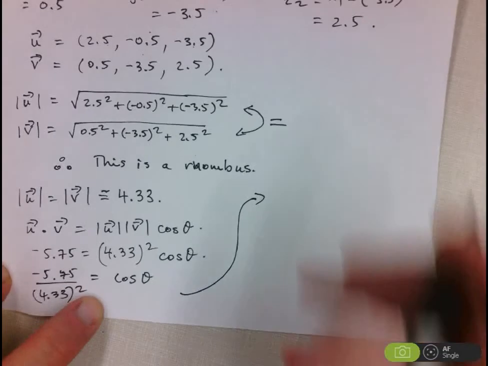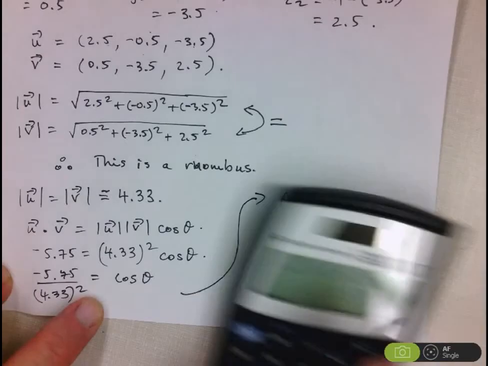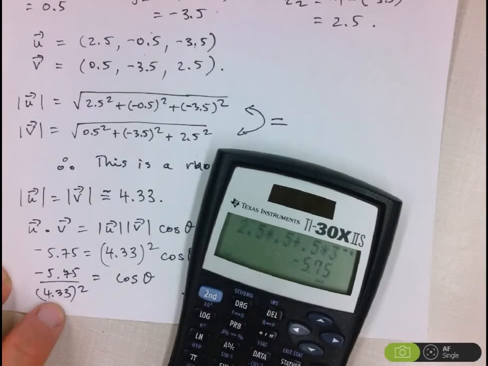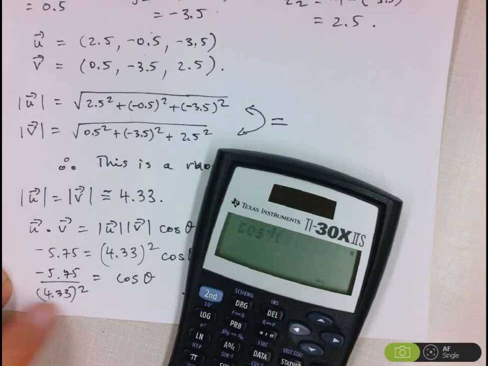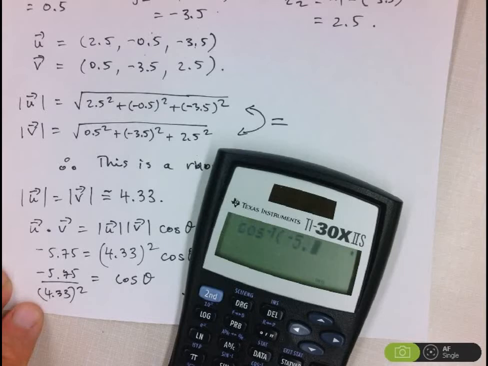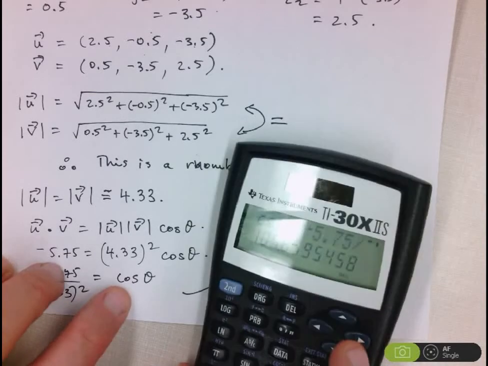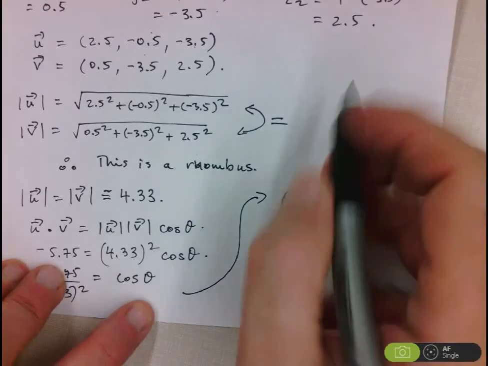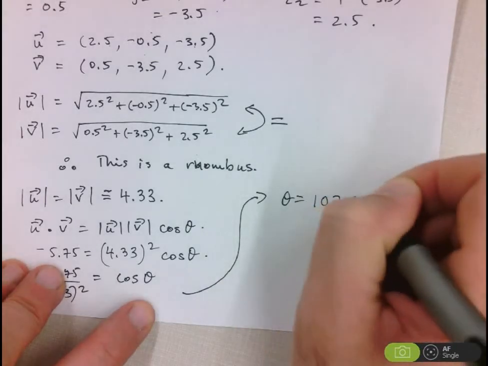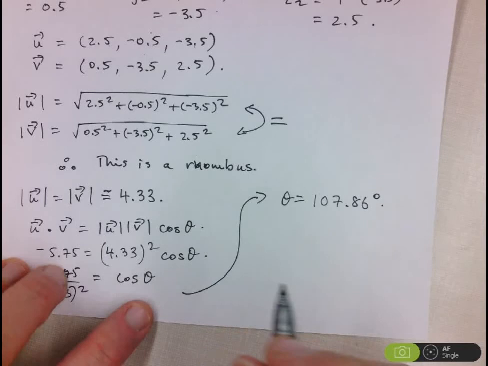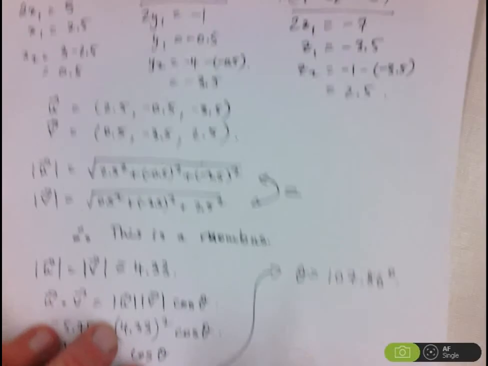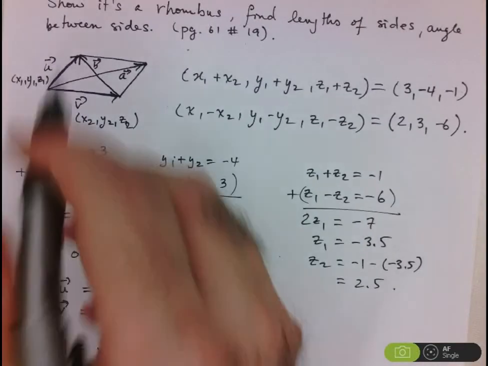We've got theta is equal to inverse cosine of this, so inverse cosine of negative 5.75 divided by 4.33 squared, and that's equal to 107.86 degrees.